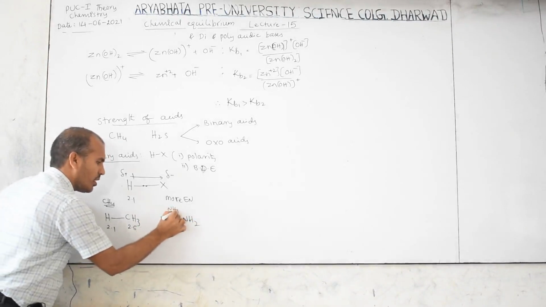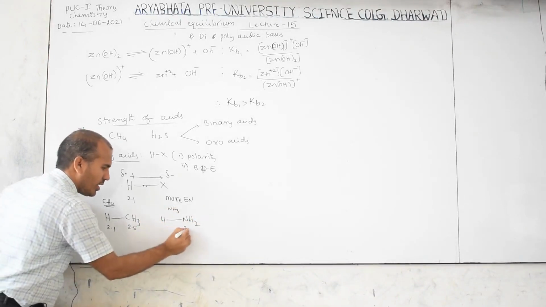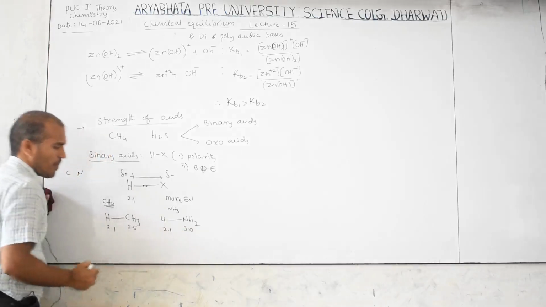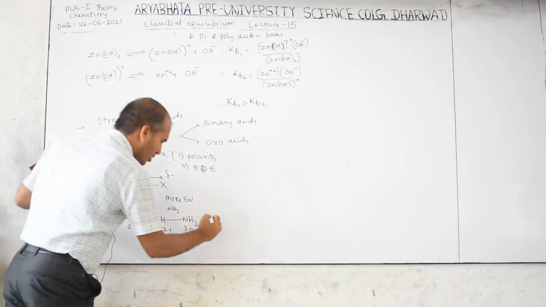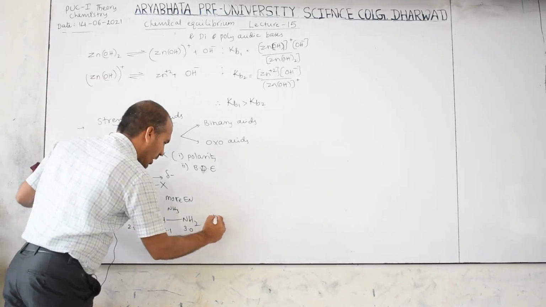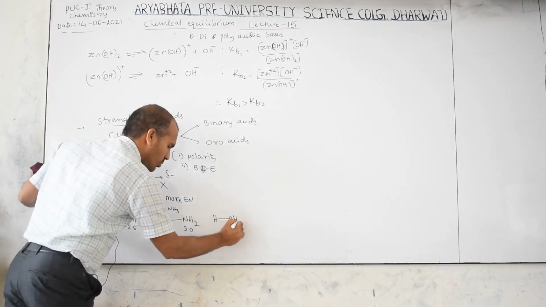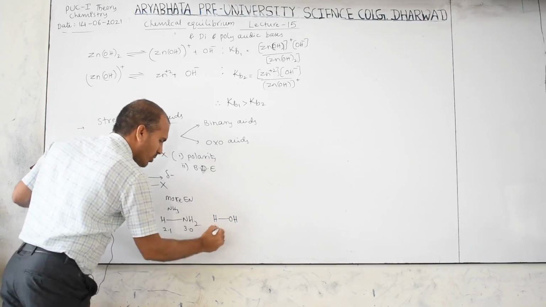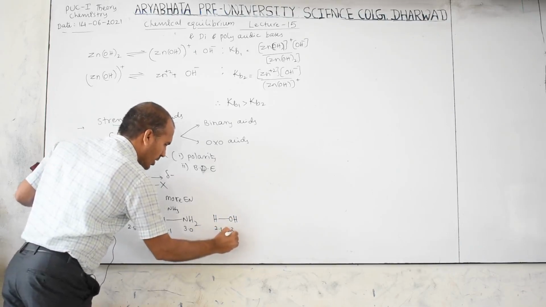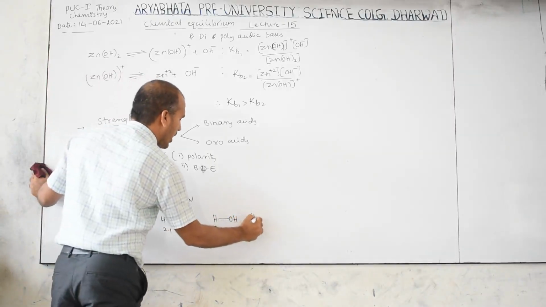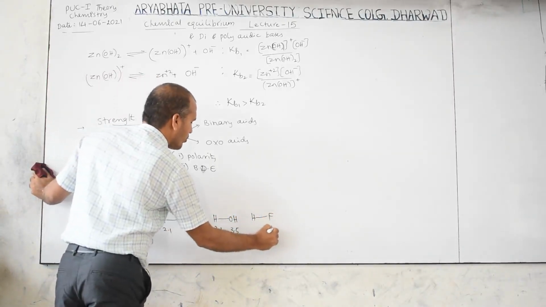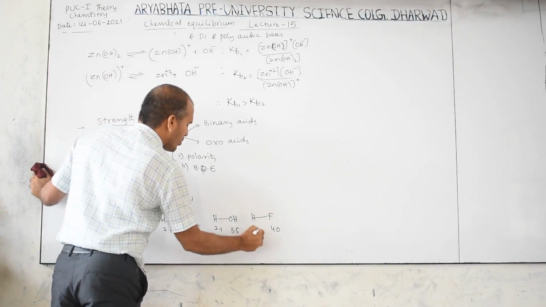Compare here: this is 3, this is 2.1. Next, after nitrogen comes oxygen, H-OH, this is H2O: this is 2.1, this is 3.5. After this, fluorine, HF: this is 4, this is 2.1.